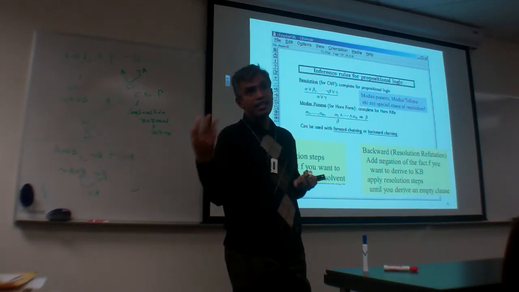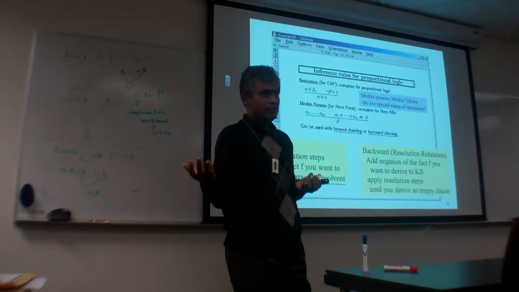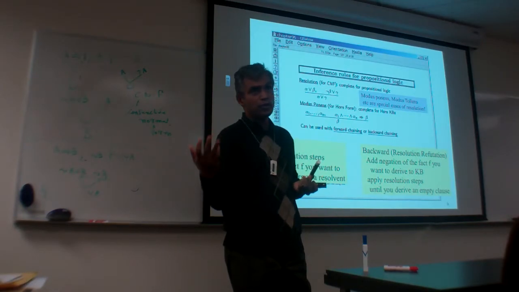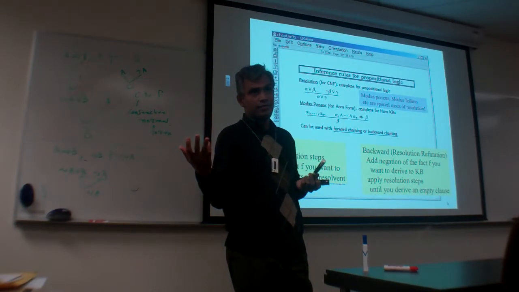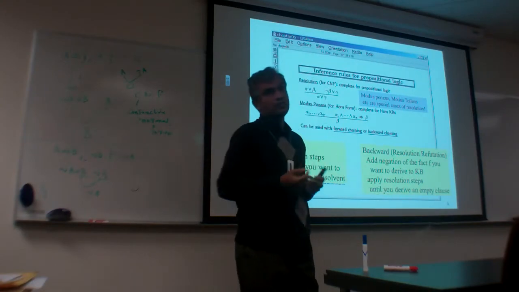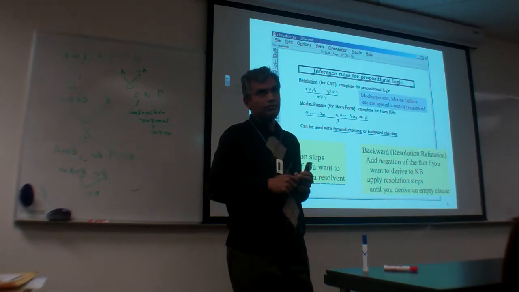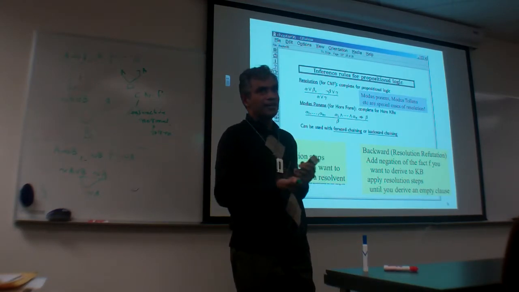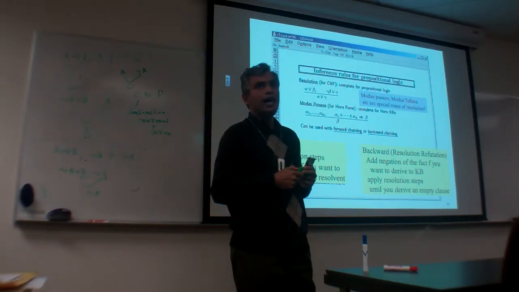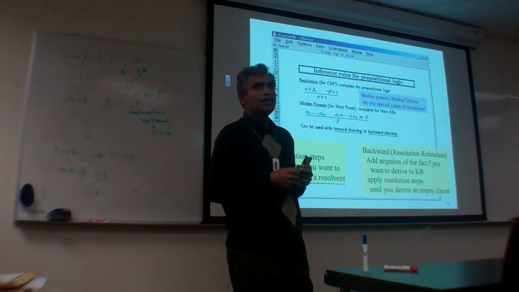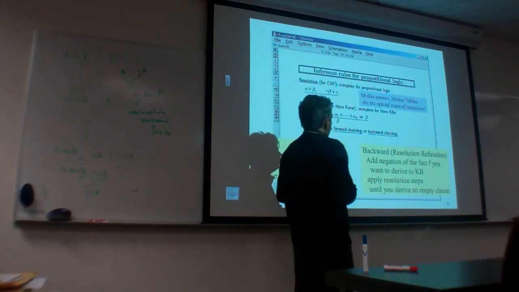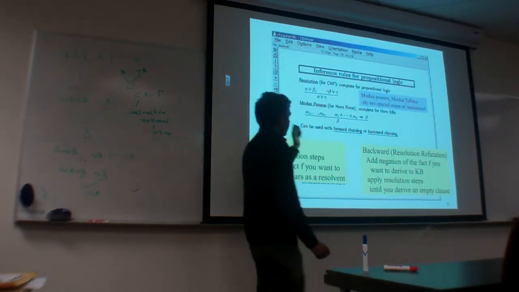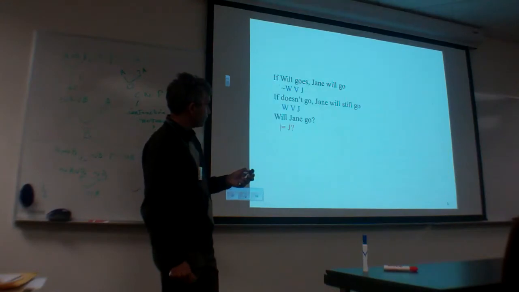Boolean satisfiability is NP complete, which means everybody assumes there is no better than an exponential solution for it. So that means theorem proving is also exponential. Do you see what I'm saying? So you don't expect any miracles. It's supposed to take time. So anyway, that's basically where we are in terms of resolution.